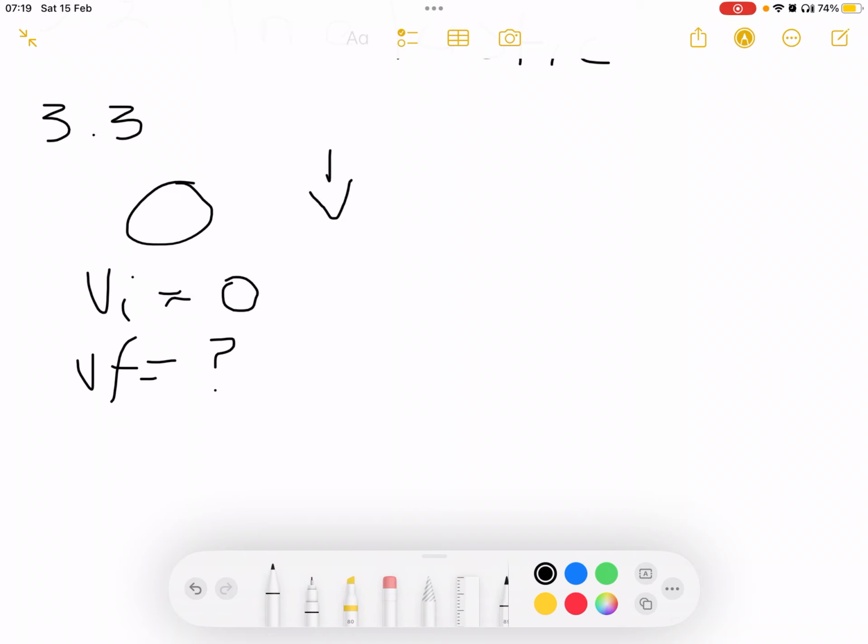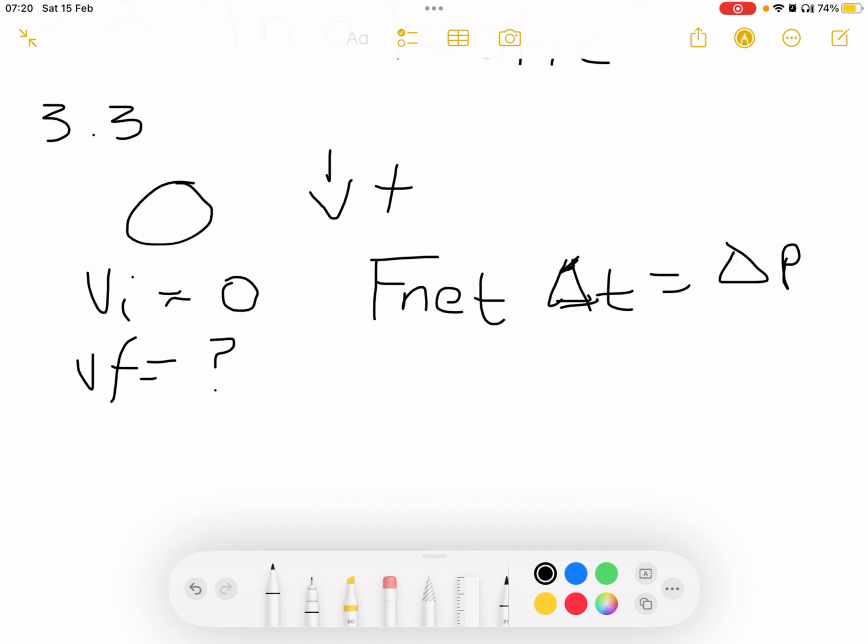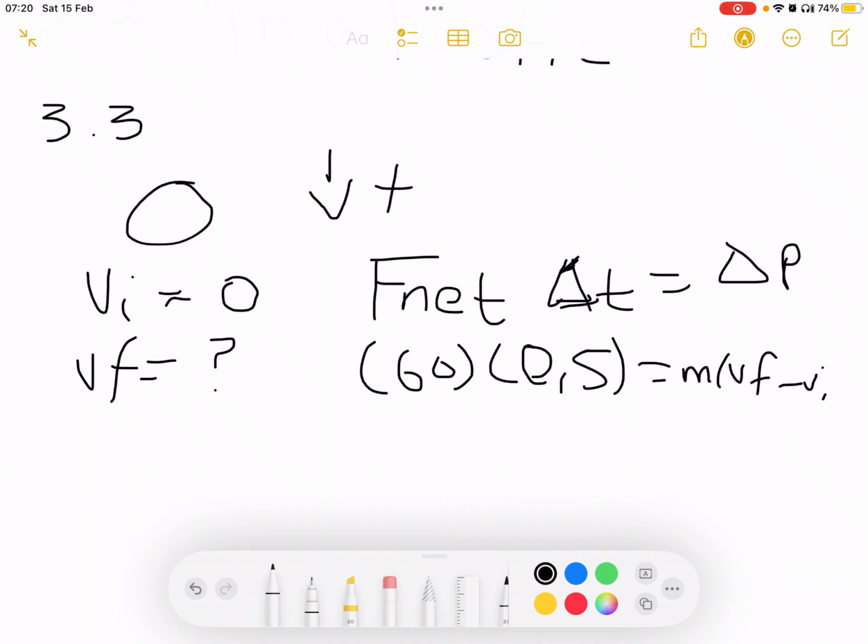And we take downwards to be positive. Now if downwards is positive, this means from F net, which is the average force, F net with that contact time, which is delta t, is equal to the change in momentum, delta P. We have 60 newtons and a contact time of 0.5, which is equal to the mass times final velocity minus initial velocity.